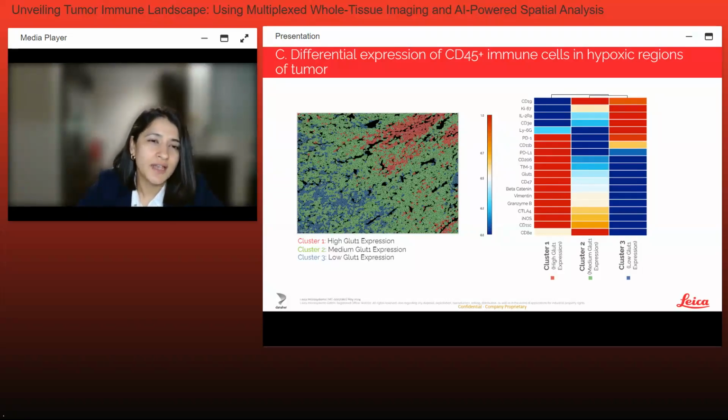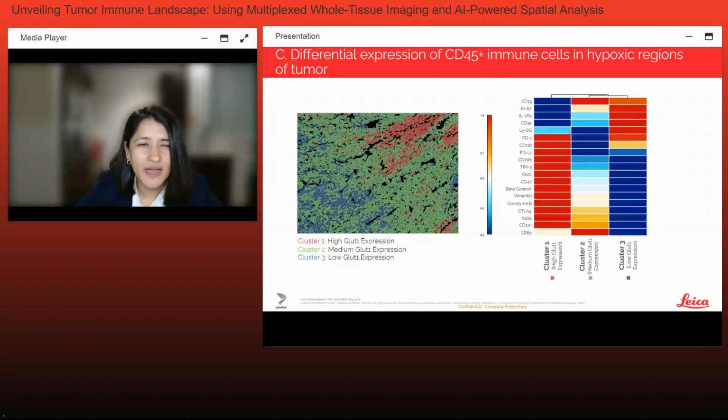Also, we can see the expression of markers associated with mesenchymal cells, such as vimentin, and immune evasion, such as CD47 expression, which may indicate tumor adaptation and resistance developed within these GLUT1-rich regions.